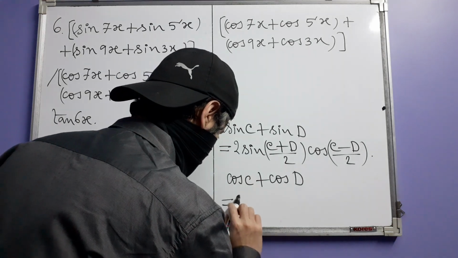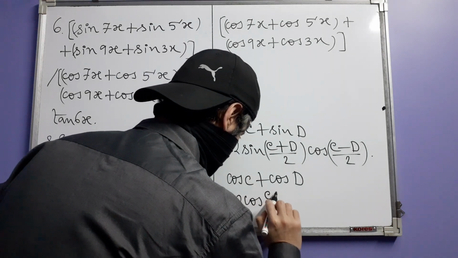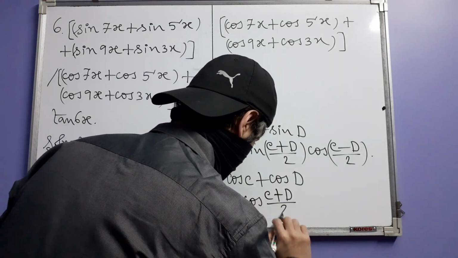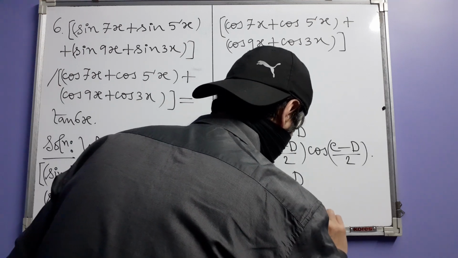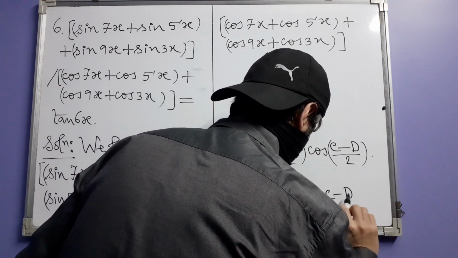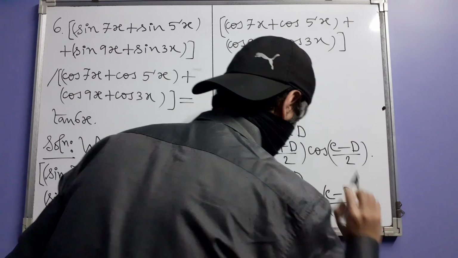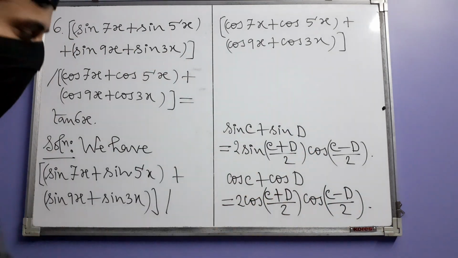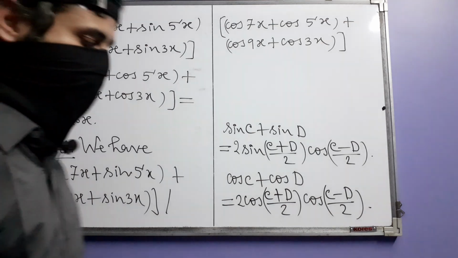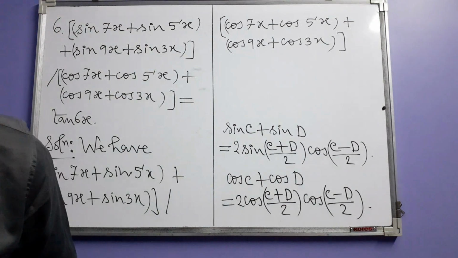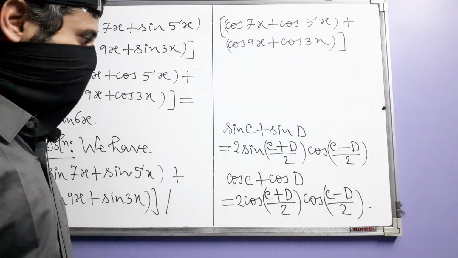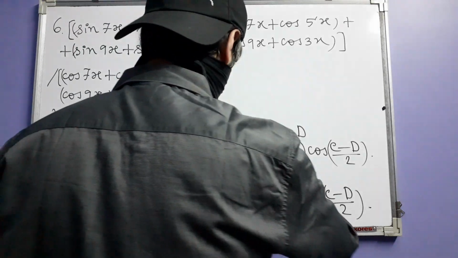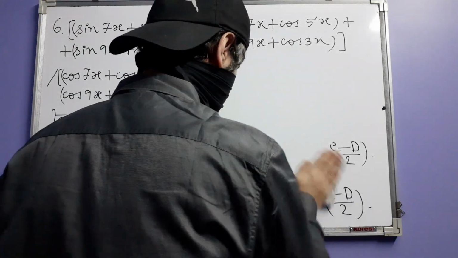So 2 cos c plus d over 2 times cos c minus d over 2. Okay, so these are the two things we have to apply here. Alright. So now that we have seen the formulas, I can erase this part.